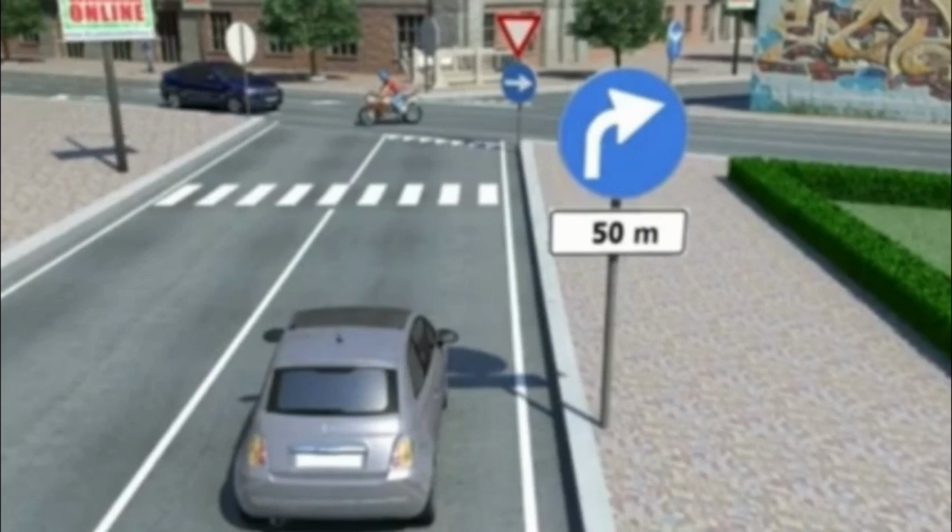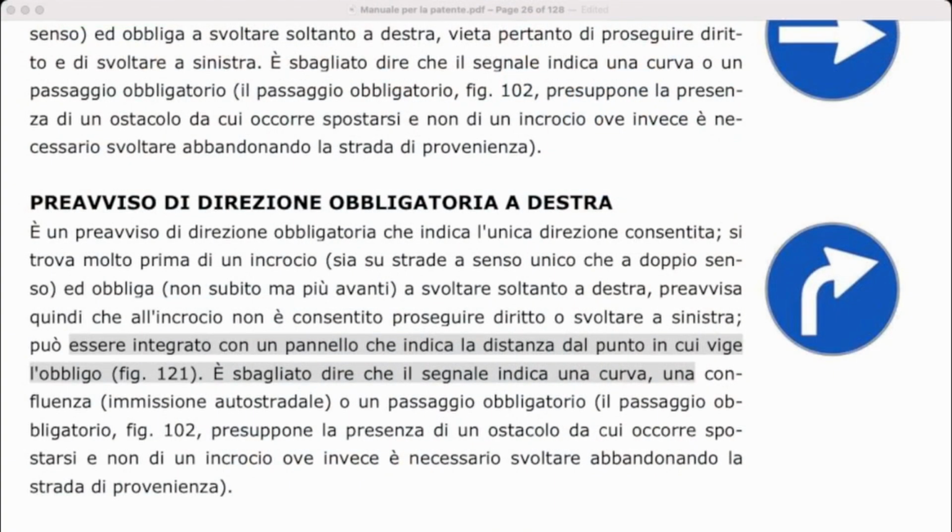That tells us how many meters or kilometers ahead of us that we need to go to the right. Okay, so in this case he had 50 meters ahead of him, he was supposed to go to the right. Okay, so that is un preavviso. So it tells us to prepare ourselves because ahead of us we're supposed to go to the right. Alright, so that is it for that as well.